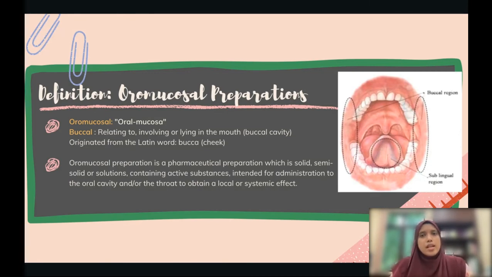When the medication is placed under the tongue, the tablet will dissolve, and the active ingredient will get absorbed into the systemic circulation. The sublingual area has a rich supply of blood vessels that will help to deliver the absorbed drug rapidly into the blood circulation.